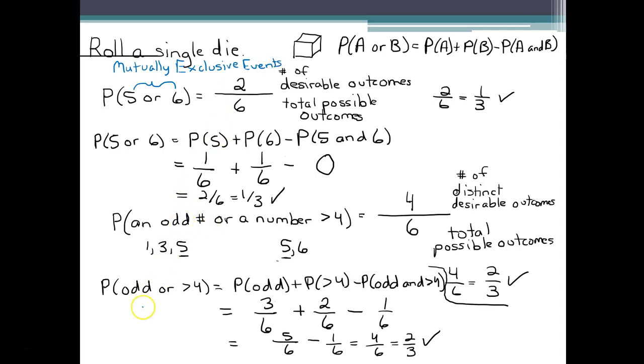Down here, though, the odd number or greater than 4, these two are not mutually exclusive. And you can see that in the formula. So mutually exclusive, you end up with this 0 here. Not mutually exclusive, this was not 0. So that's the distinction.